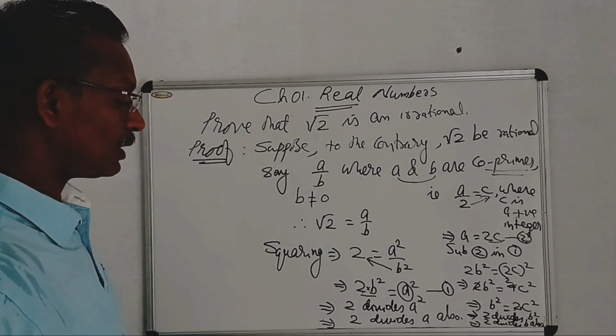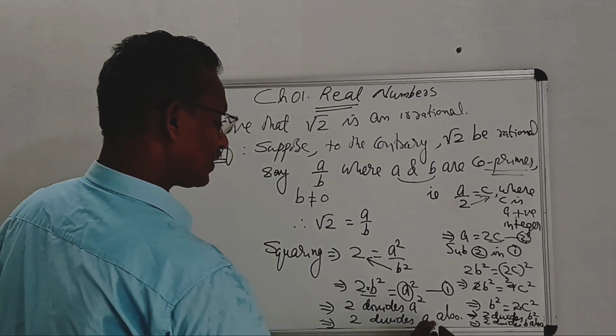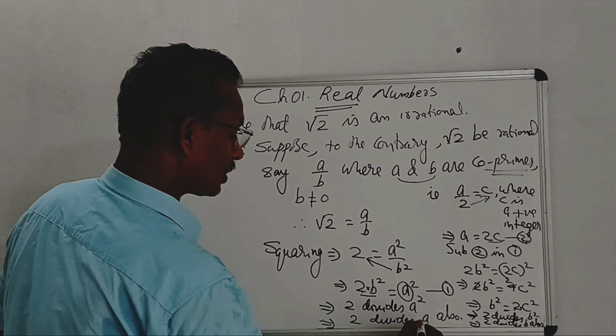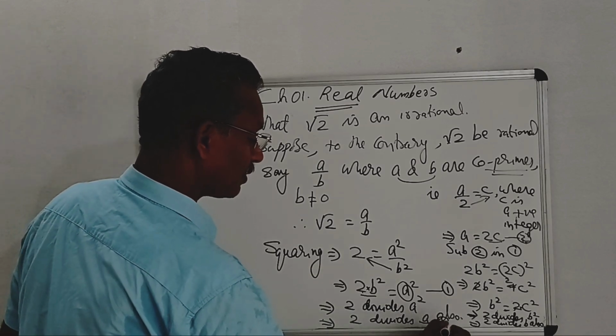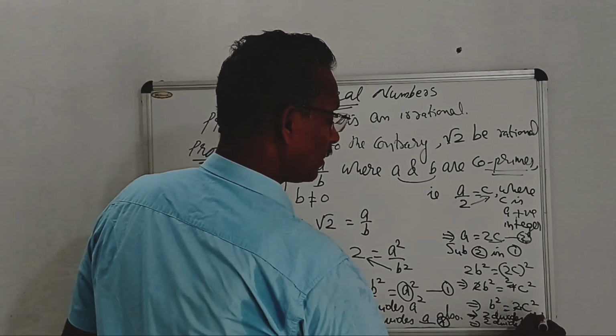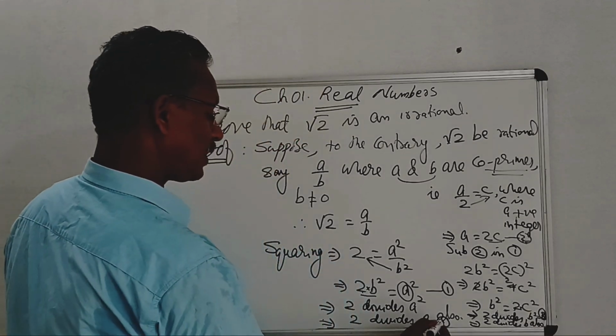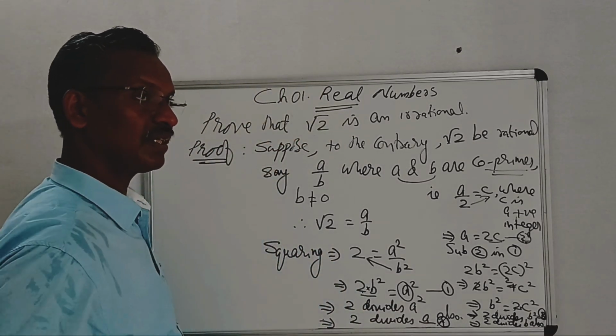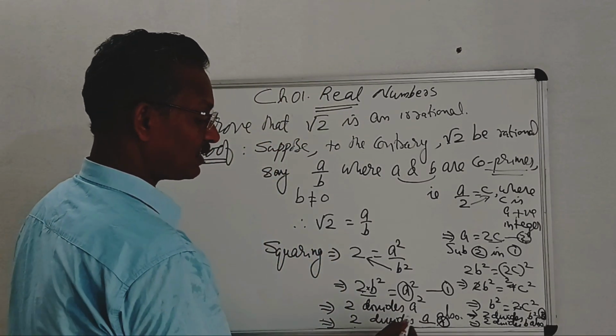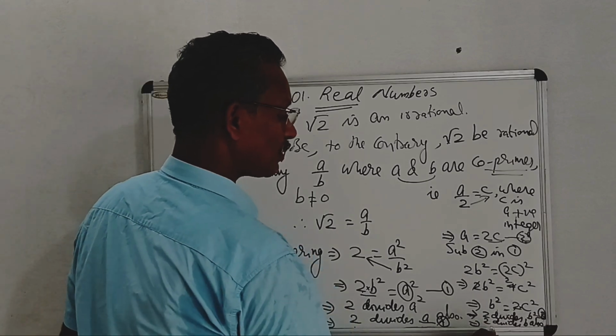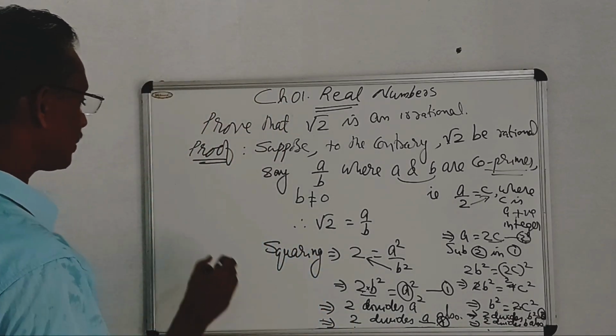In the first statement we have written, let this be a and this be b. In a we have written 2 divides a, and in b we have written 2 divides b.